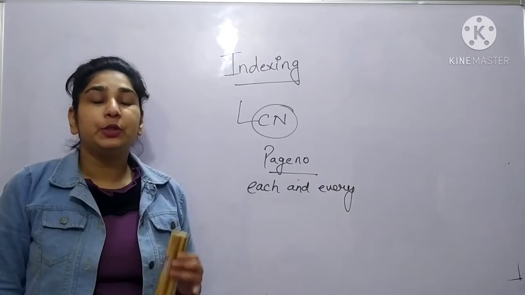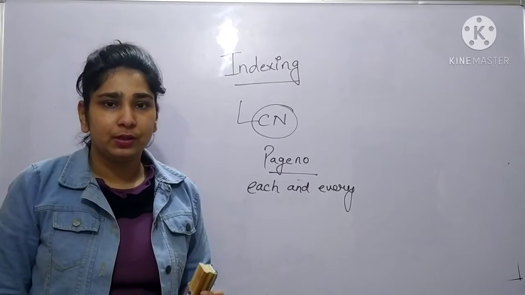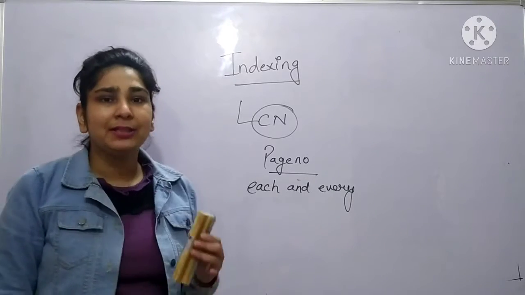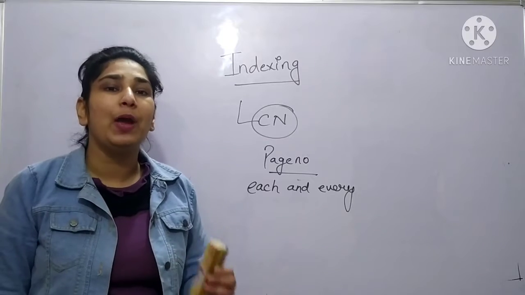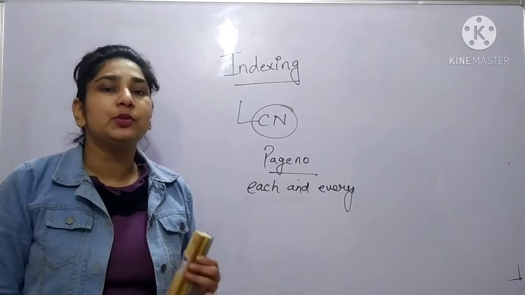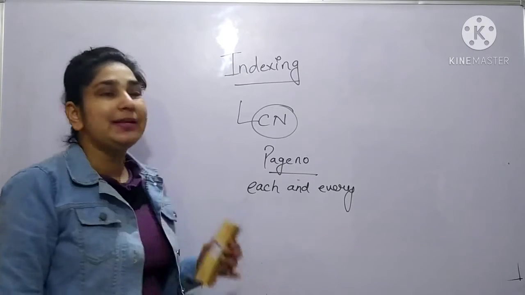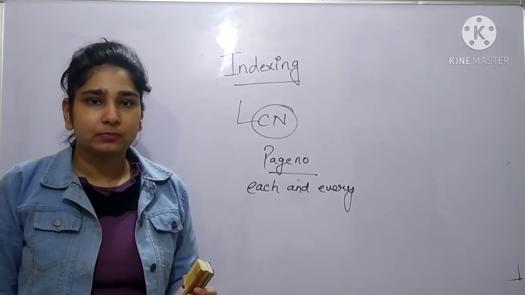So your searching time is going to be very much. It is going to take a lot of time to search for a particular topic if you don't have indexing.